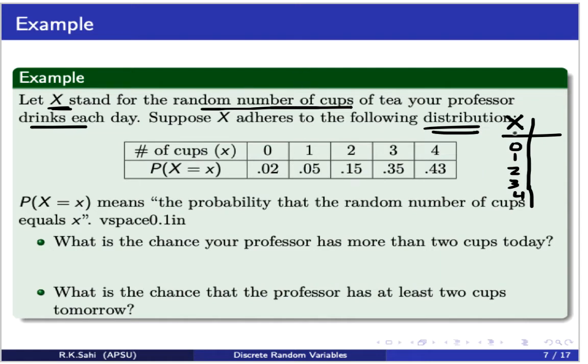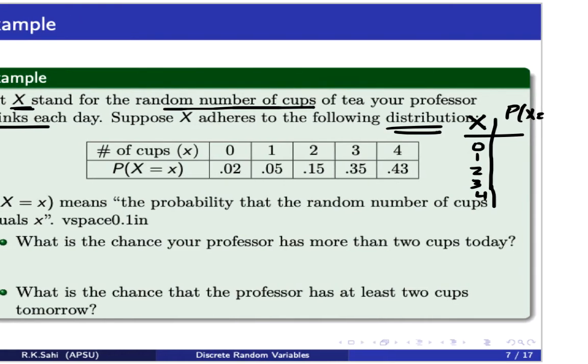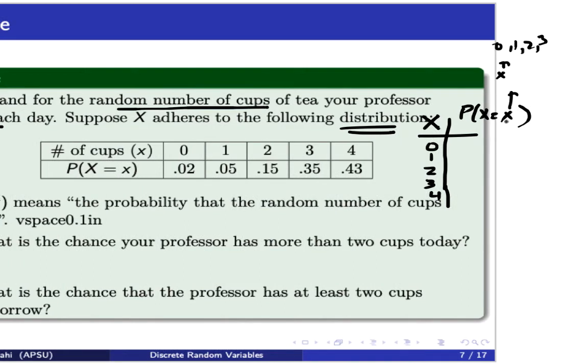And then this second column, I'm basically saying what is the probability that this capital X equals small x, guys. So this is capital X, this is small x, and the small x here can be 0, 1, 2, and 3. Okay, so this one is the capital X and this is small x. All x are the values it can take.